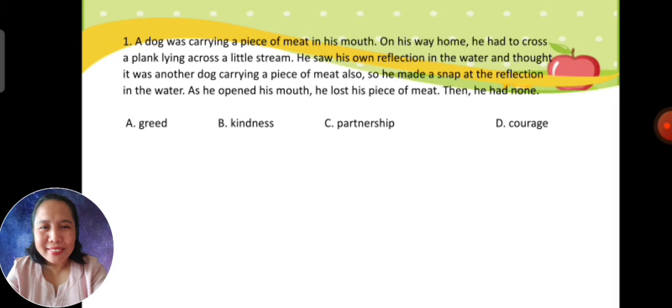Then he had none. So, what kind of a dog is he? Greed. So, ang ipakita sa theme, unsa may gipakita ani? Greed, kindness, partnership, courage. So, just choose the letter of the correct answer.